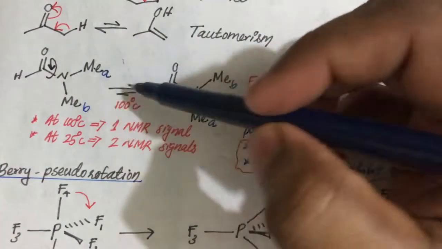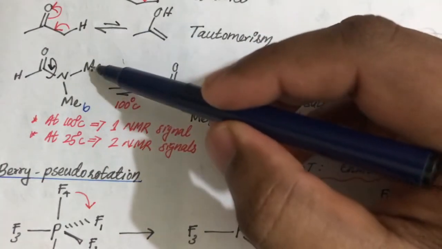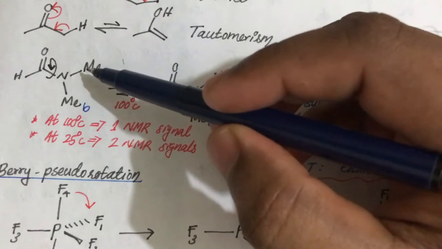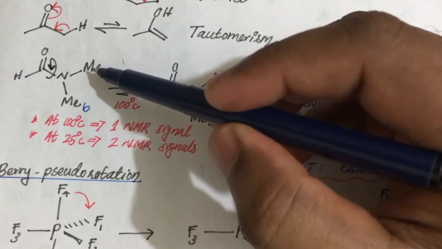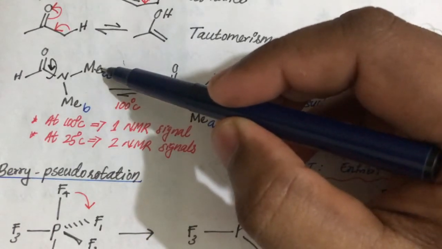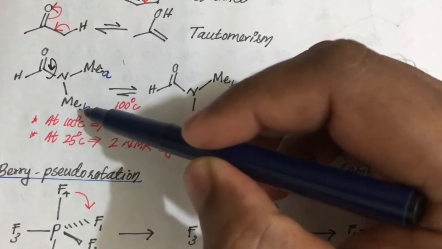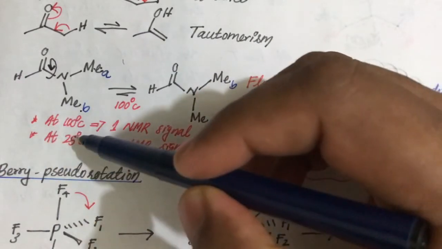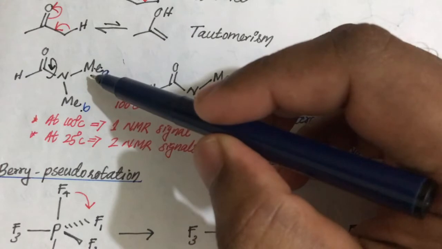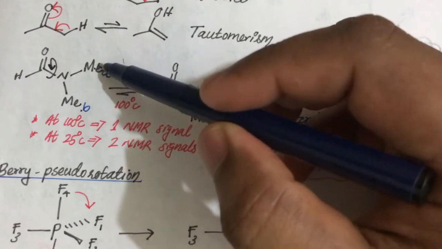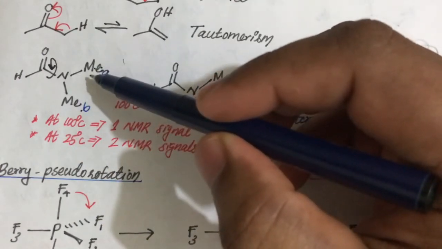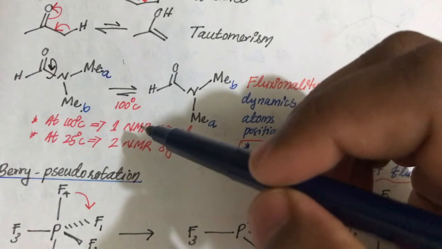That is, there is no fluxional behavior. That means these two Me groups are in different chemical environments. So this MeA gives one peak, this MeB gives another peak. So at room temperature, N,N-dimethylformamide DMF gives 2 peaks for 2 methyl groups. So that is the charm of NMR.